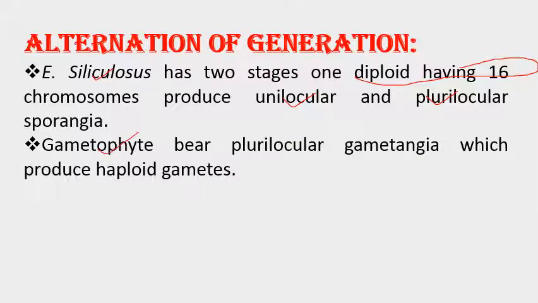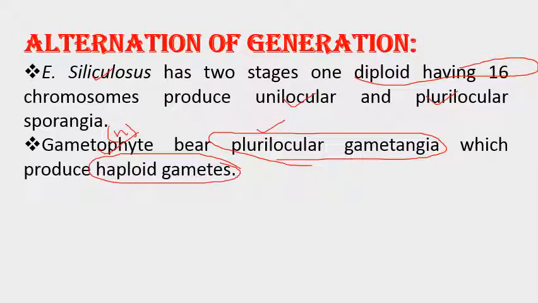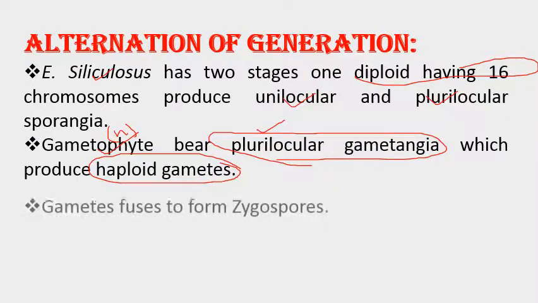And the gametophyte होता है, gametophyte is haploid. That bears plurilocular gametangia. It's not sporangia, it's gametangia that will produce gametes. So it produces multi-chambered gametangia which produce haploid gametes. So during sexual reproduction, that haploid plant will bear this plurilocular gametangia that will produce haploid gametes.